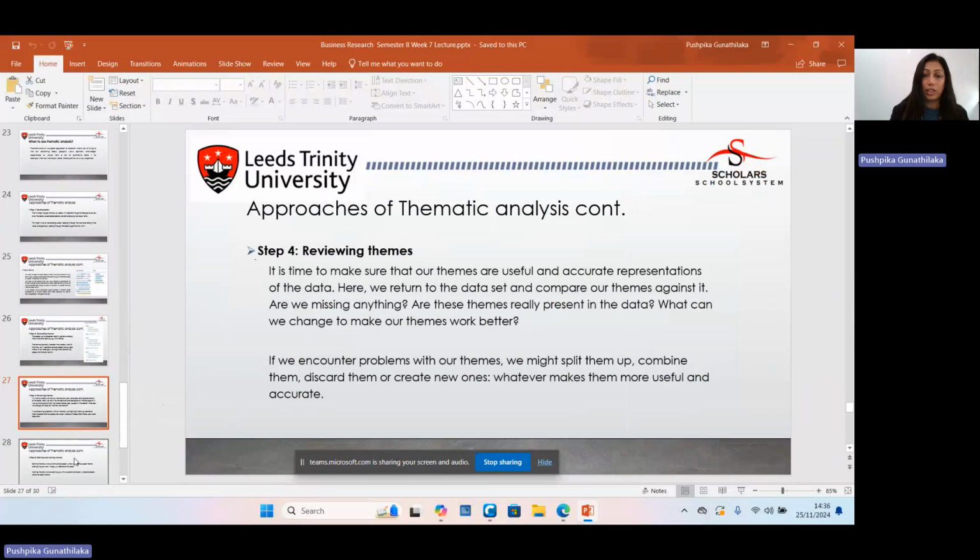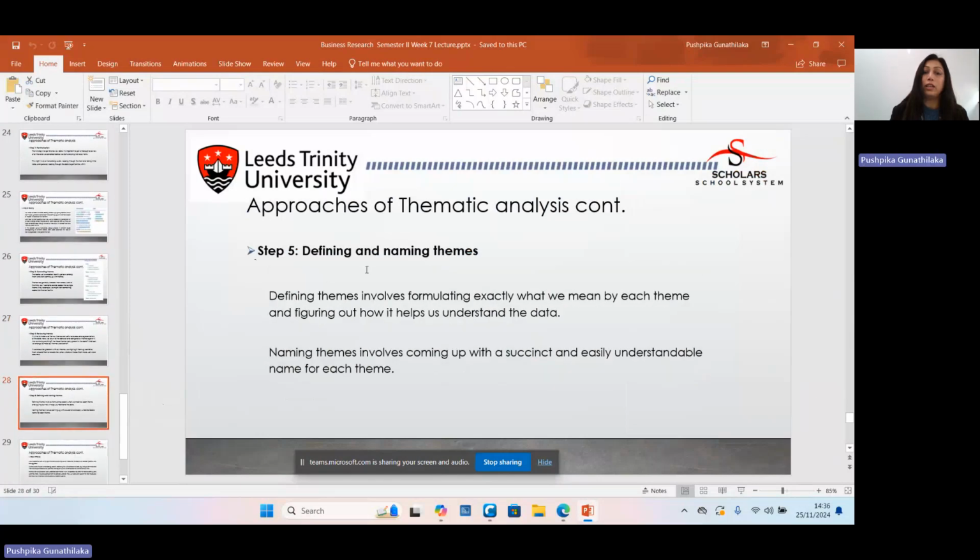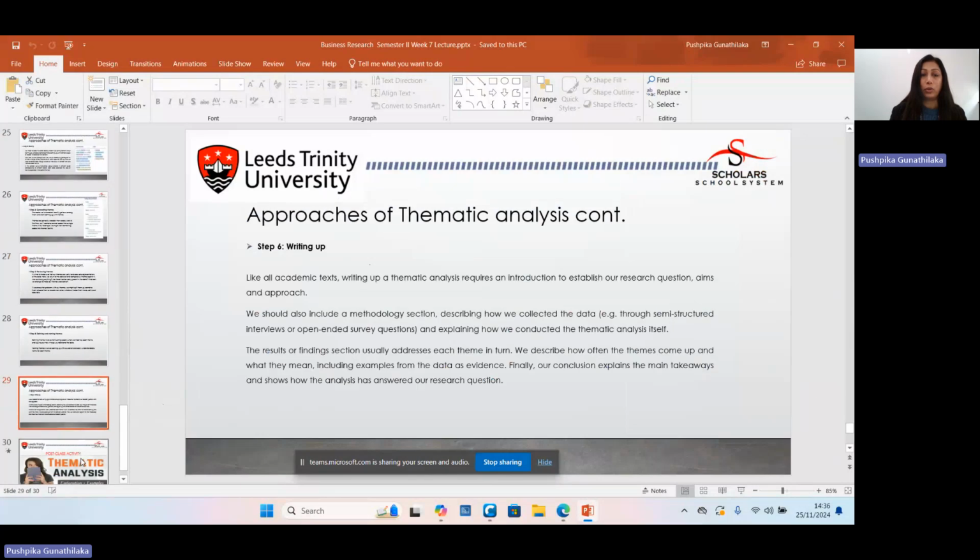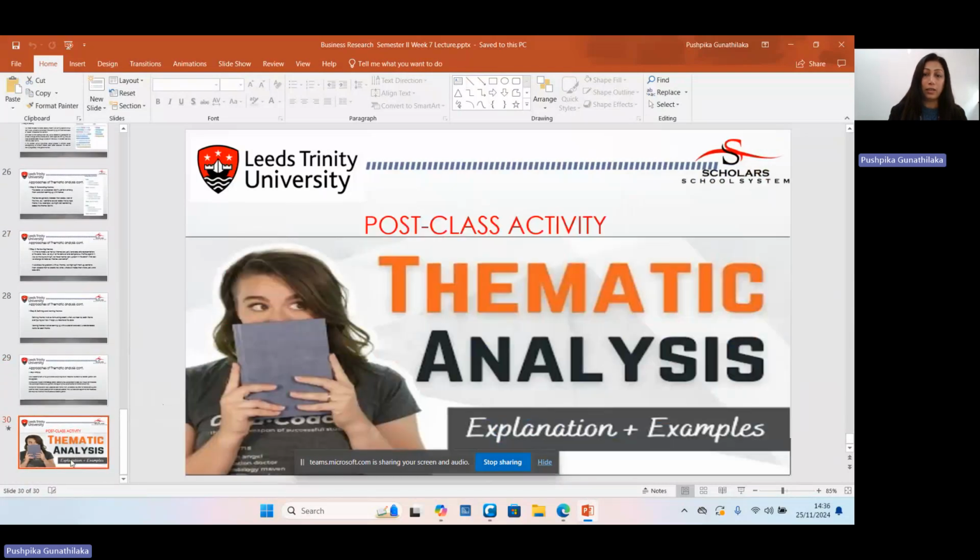We review each and every theme to understand what they mean by that. Then we define and name the themes and we do the analysis based on those themes. When we do the write-up, we use this thematic analysis to review the qualitative information gathered and recorded in our research. So this is about qualitative analysis, qualitative data collection in case of research.